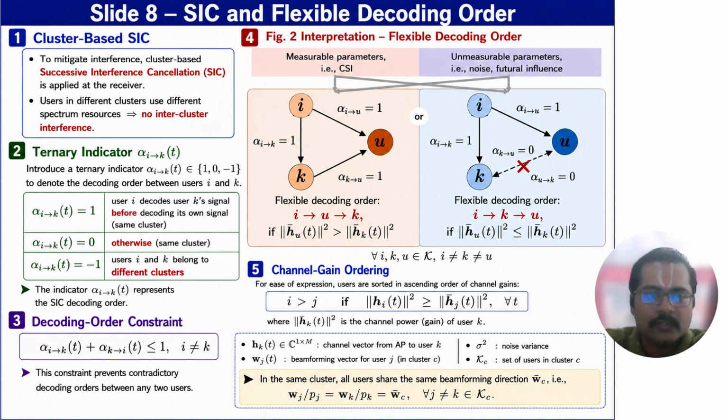So you should specify the decoding order, otherwise the users find it difficult to decode and cancel interference.